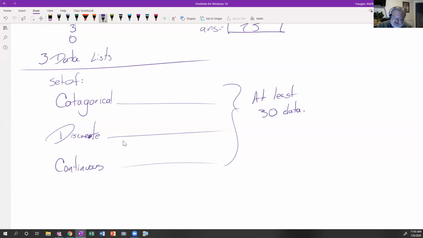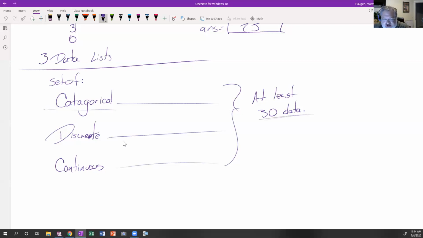So if you're doing like color of an M&M, you want to have 30 or more M&Ms that you're finding the color of. If you're doing the weight of, why not M&Ms, if you have a lot of M&Ms around. If you're weighing them, make sure you weigh at least 30.